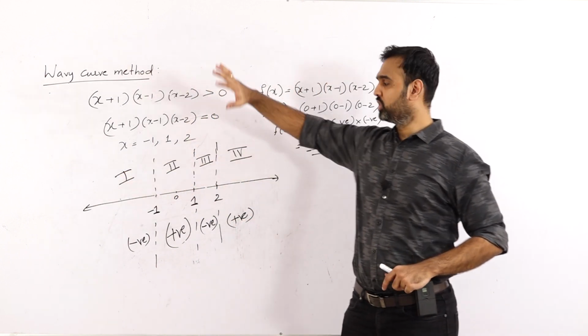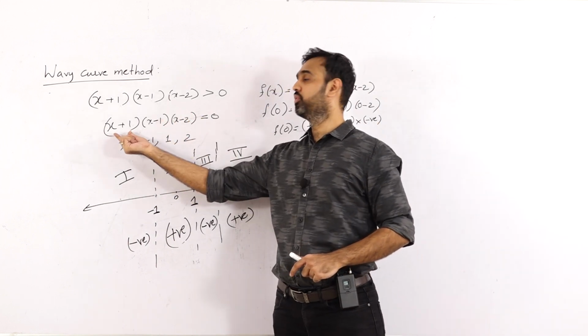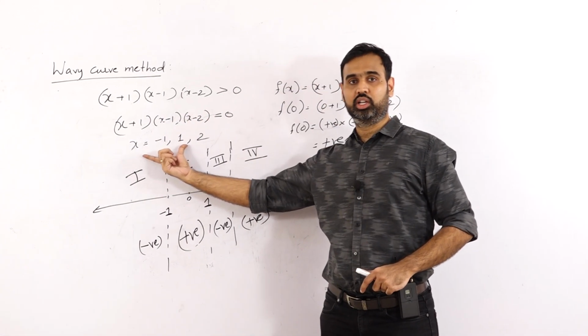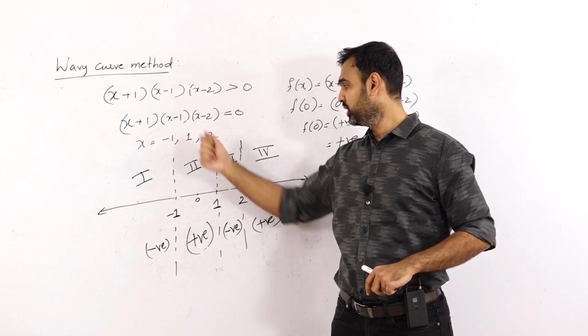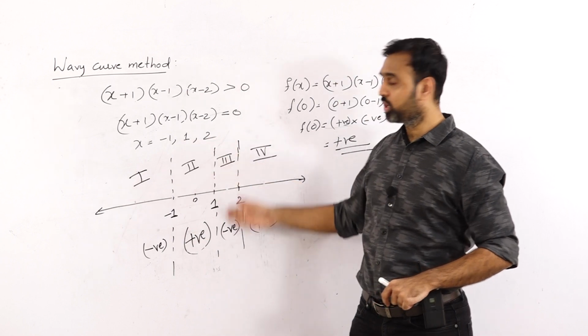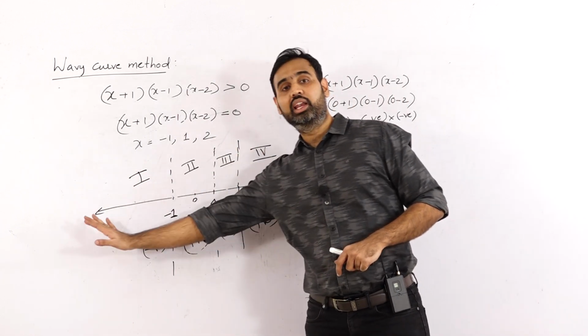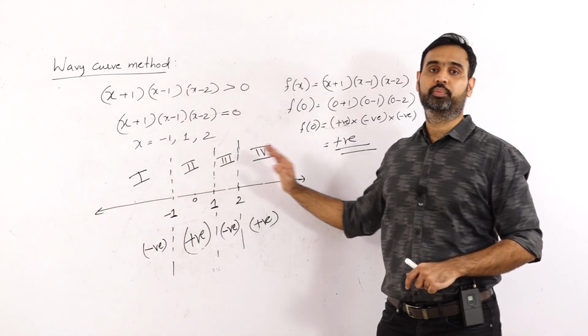Let's have a quick revision of what we have done here. We first found the roots of this expression. We marked the roots on the number line. We drew perpendicular lines exactly at the roots and divided the entire number line into 4 regions.